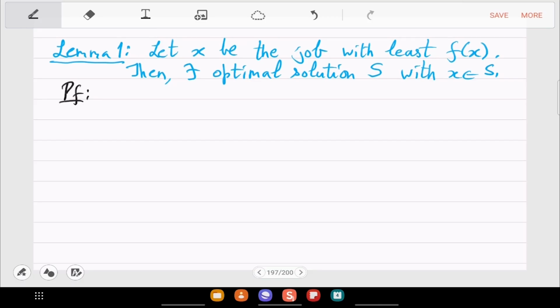So why is this true? I can pick X and then I remove the jobs that are invalidated, that overlap with X. And there will be a way to finish this process. Okay, that's what we are claiming.